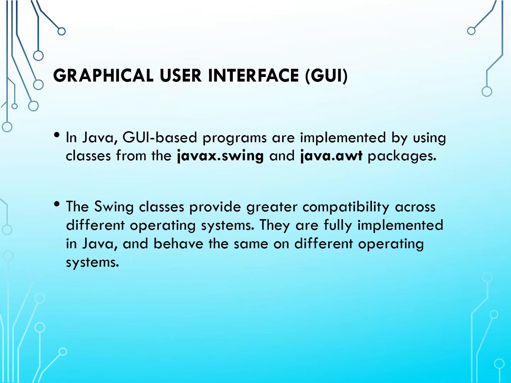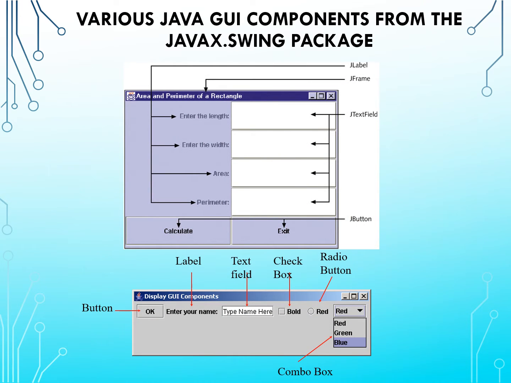Swing provides greater compatibility across different operating systems. It's a better option. So by now you've been able to create your own GUI already. Here you can see that these are JLabels.